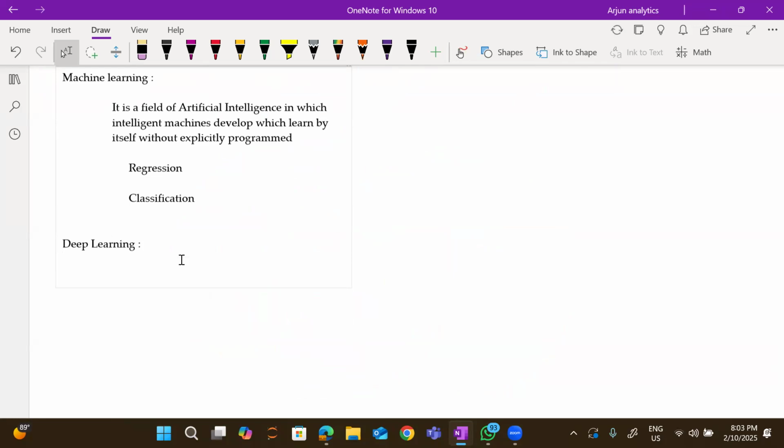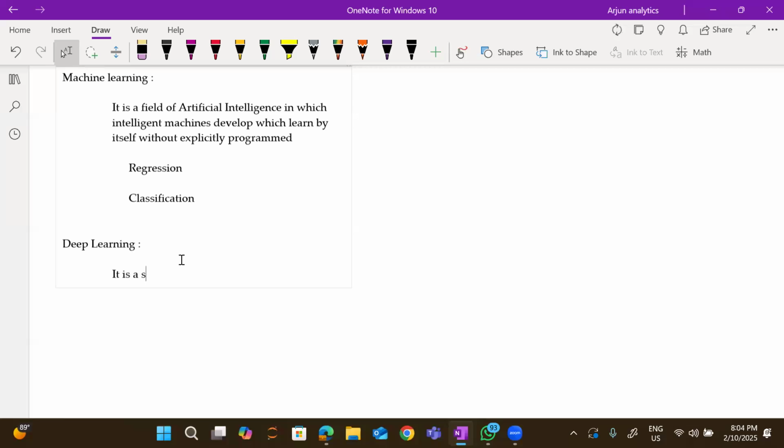It is a field of artificial intelligence which is specially used for solving complex problems like computer vision and natural language processing.